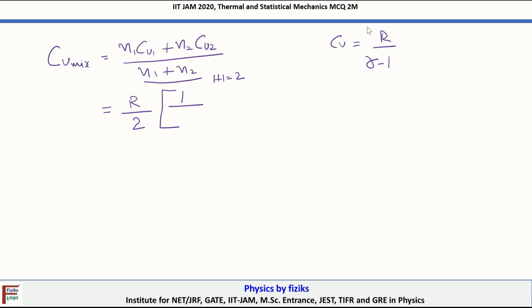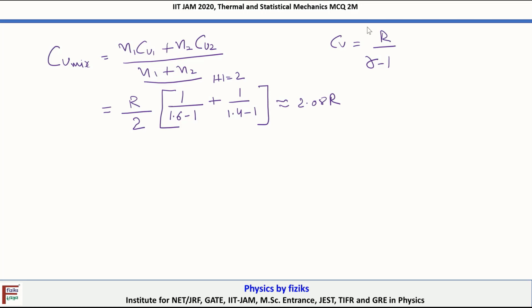Gamma 1 is 1.6, so 1.6 minus 1, plus 1 upon gamma 2 minus 1. Gamma 2 is 1.4 minus 1. After evaluating, this comes out to be equal to 2.08 R.